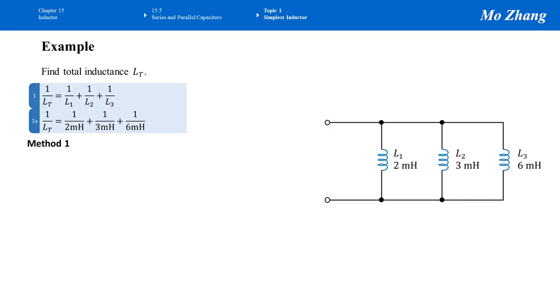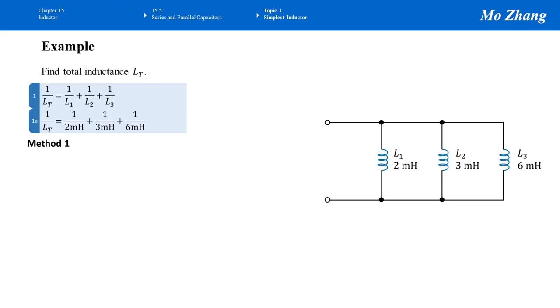For the next steps, there are at least 2 ways to solve the problem. One way is to rationalize the denominator, which means finding the common denominator among all 3 denominators. Between 2, 3, and 6, the common denominator is 6.